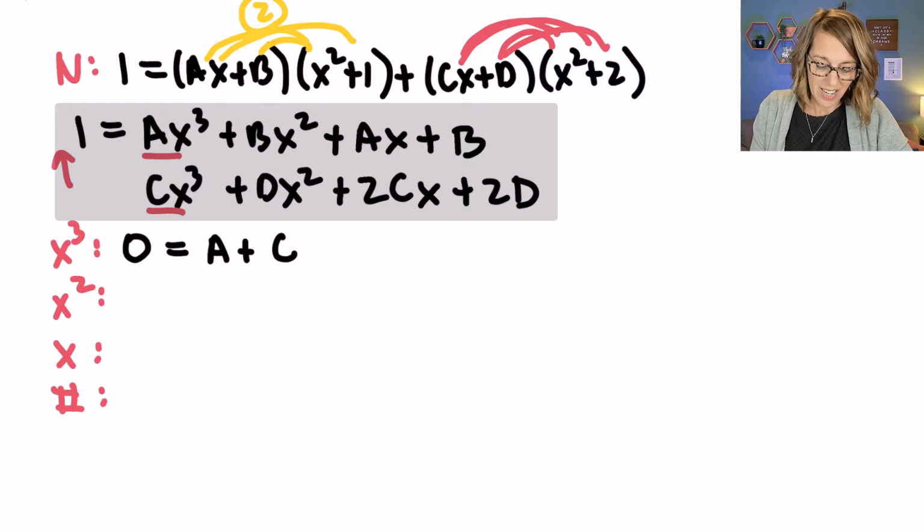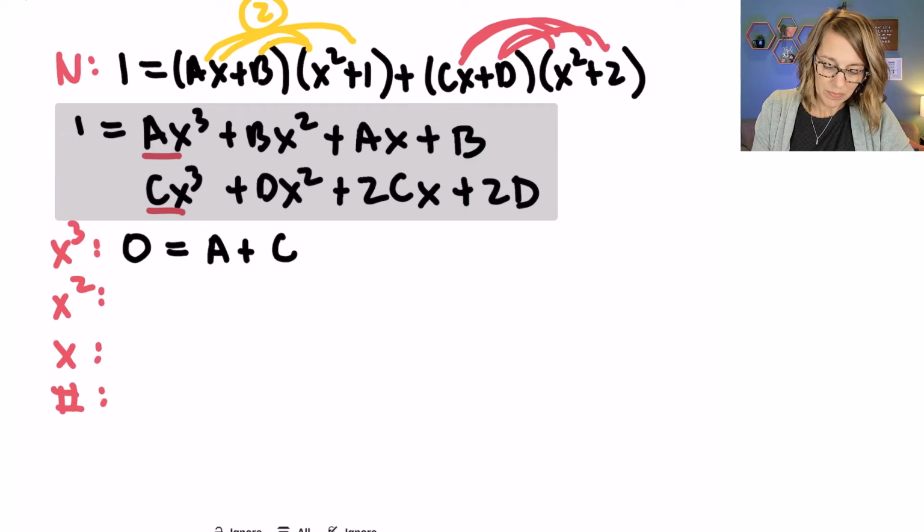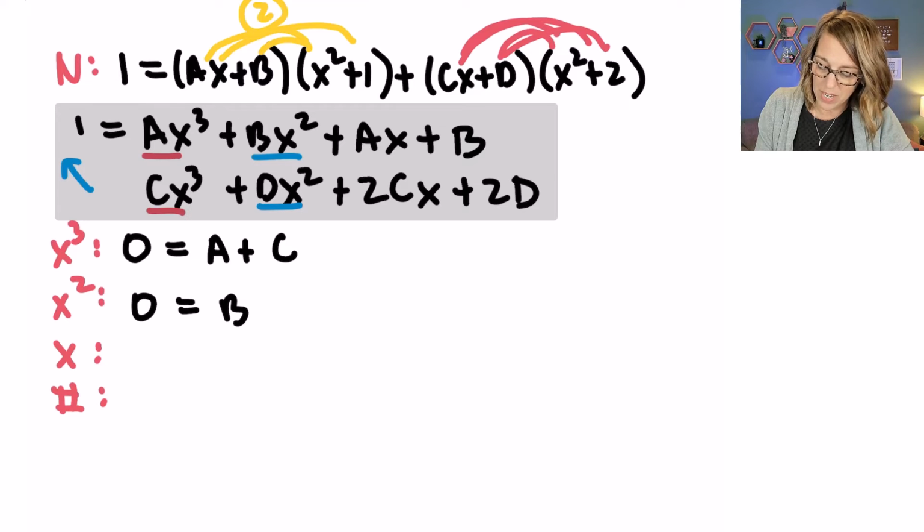Next, we're going to move to x squared. So for x squared, we have B plus D, but again, we've got 0 of these on the left. So I have 0 is equal to B plus D. Next, we want to do our x's.